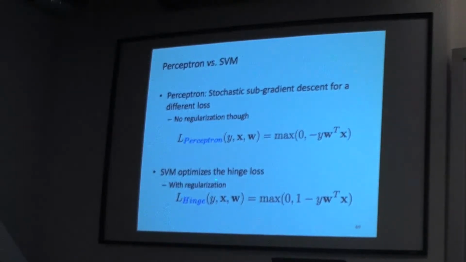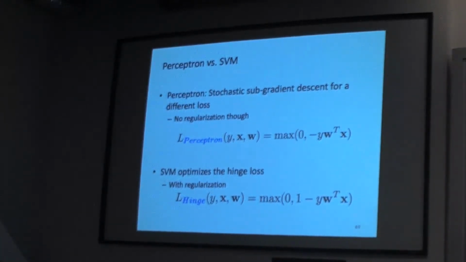And if you contrast this to our SVM objective function, you'll find that they are closely connected. First, both of them use the max function. But for SVM, we have a hinge loss, an extra term 1 in the second item of the max function.